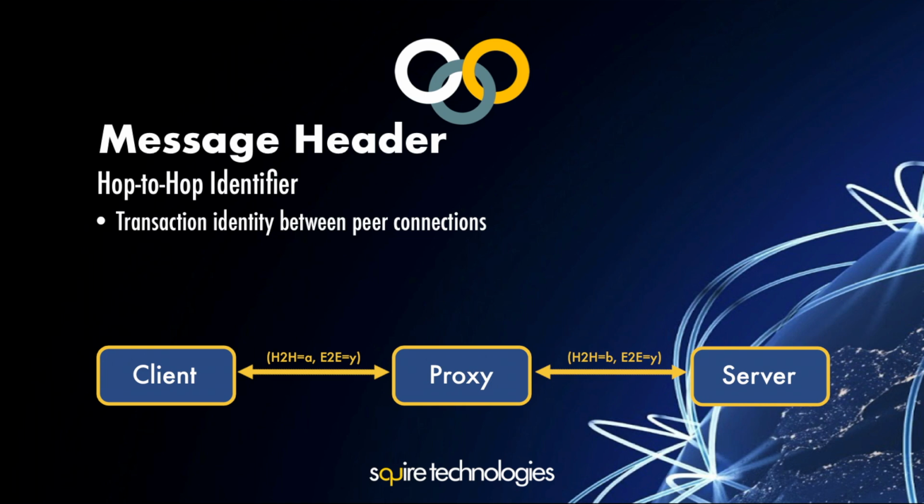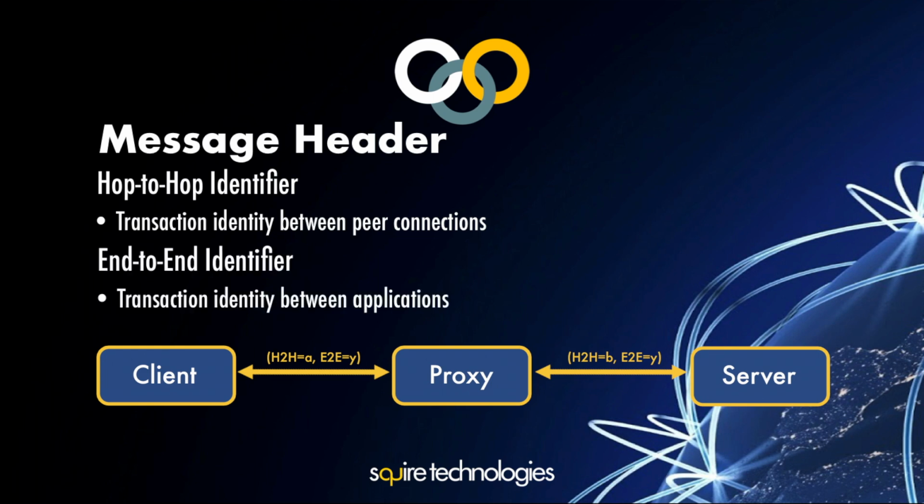Then there's the part of the session, or what you're trying to find out from the server. Use the end-to-end identifier. So the end-to-end identifier is between him and him, so he can tie up his requests and answers. But this one to this one wants to know what he's got in, etc. So as you see, the hop-to-hop changes between there, but the end-to-end remains the same across.